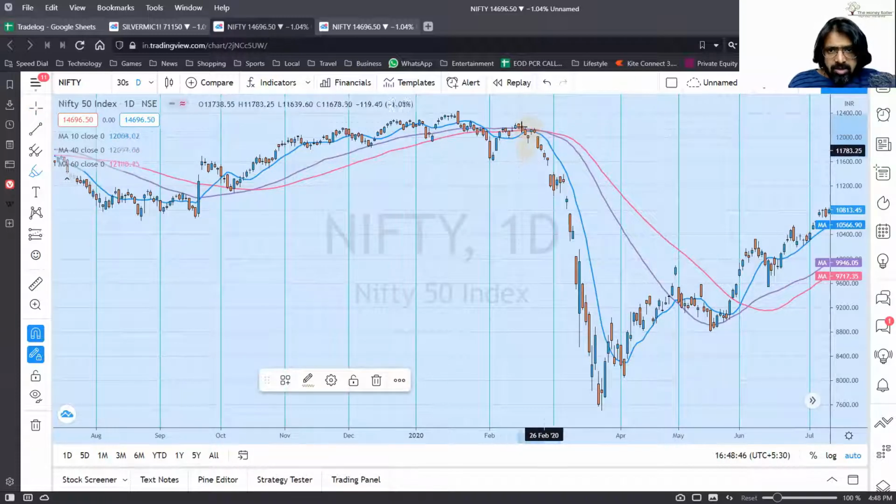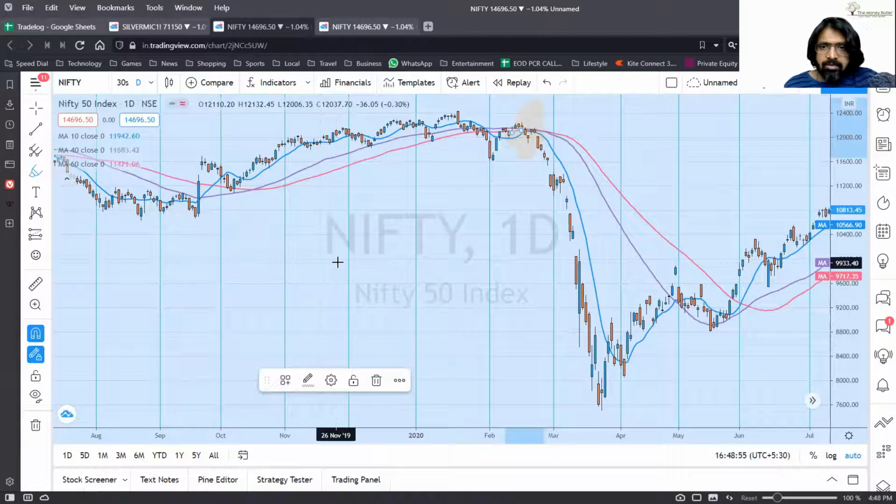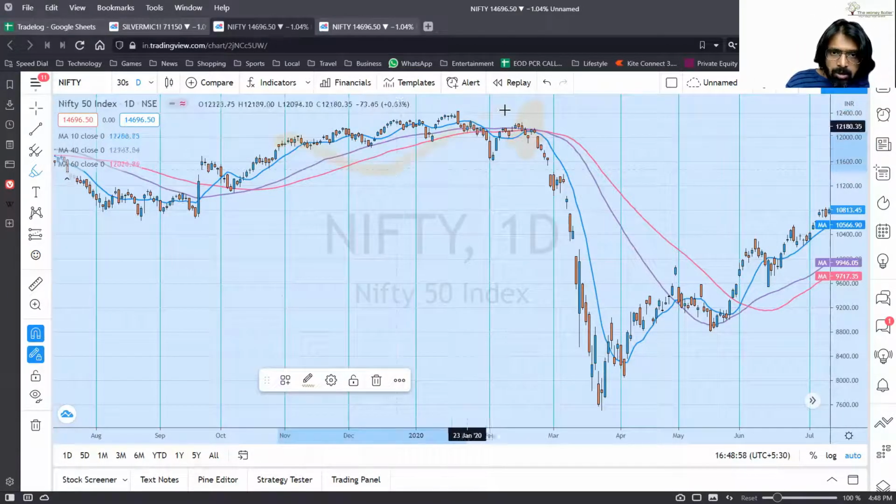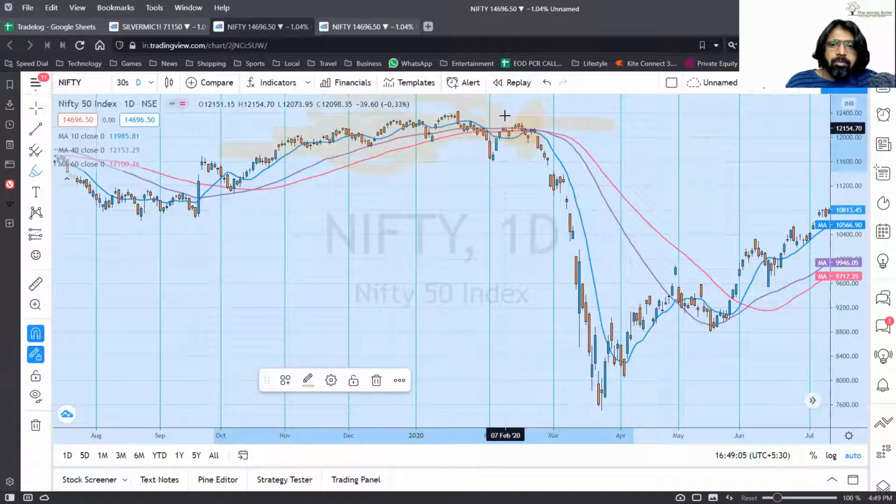So if you find a situation like this where the averages are converging with each other at a particular point, different averages, but they are converging, it means that a lot of either accumulation or a lot of distribution seems to have taken place before, because all these averages are converging.